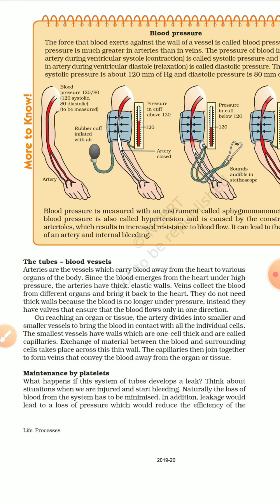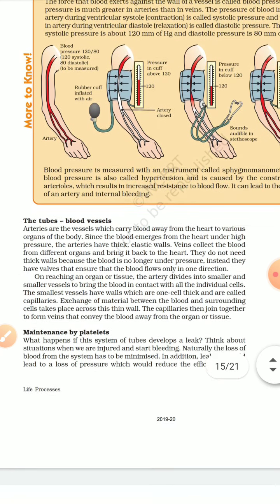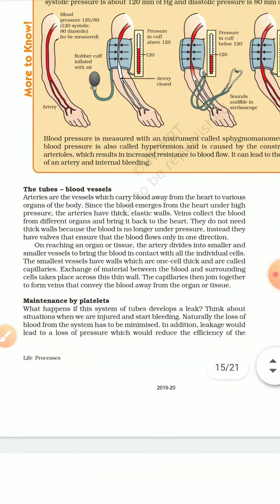So this is the process of circulation. Now some parts of the circulatory system are the heart, arteries, veins, and blood vessels. And the parts of blood are RBC, WBC, platelets, and plasma.